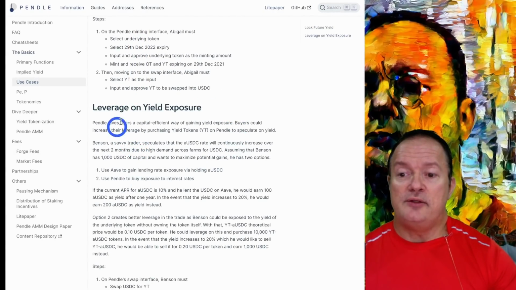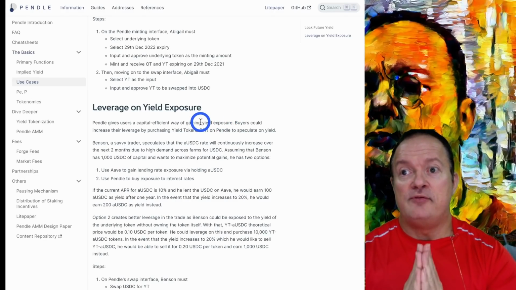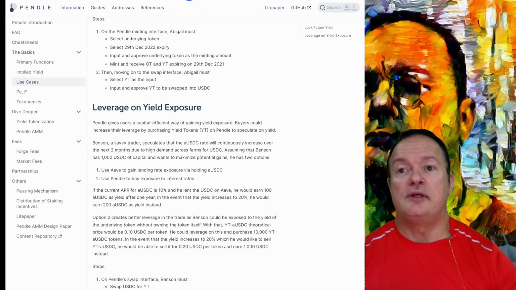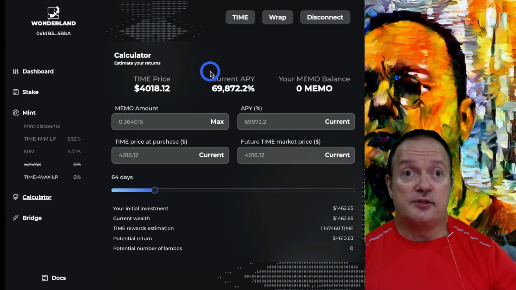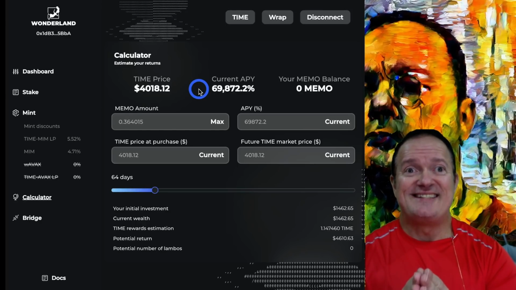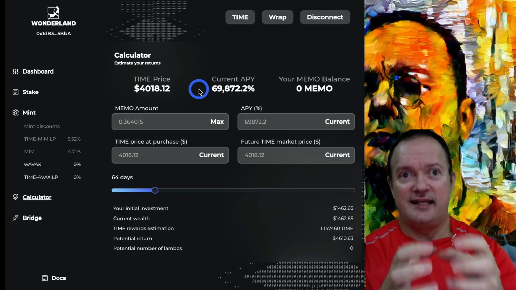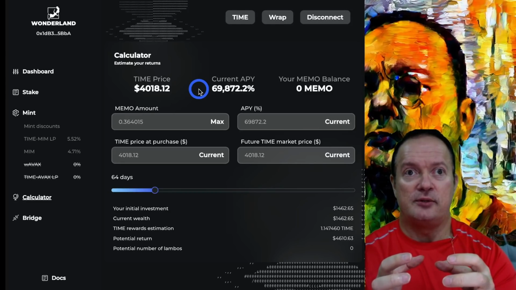Basically, what you can do is, let's say, for instance, if we look again at Wonderland, some of you will remember that a few weeks ago, the APY was much higher. It was 80,000% at some point, and then 90,000% at some point, okay? Well, using Pendle, there's a way to fix that yield at that level for about 2 months, okay?